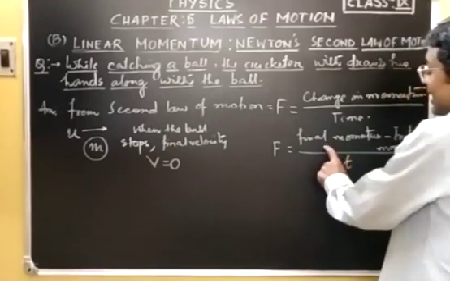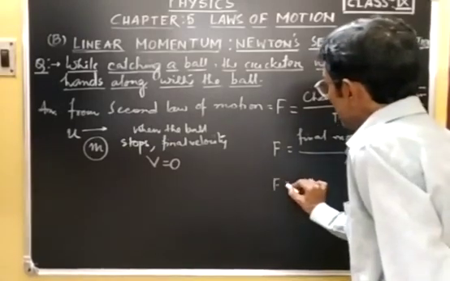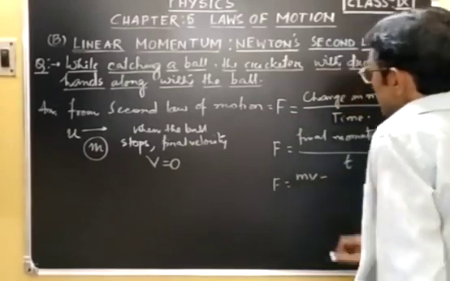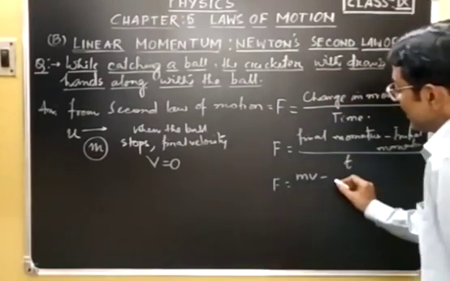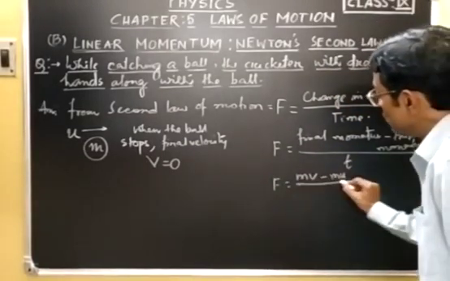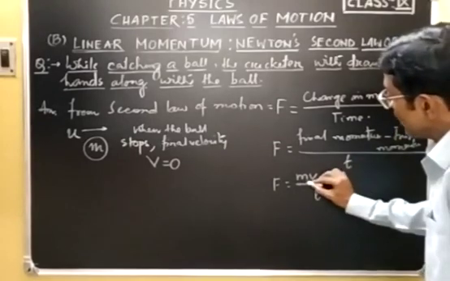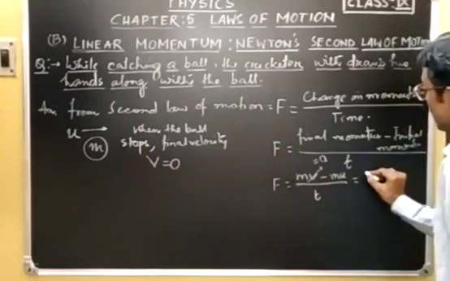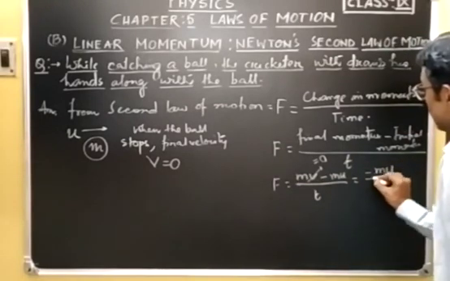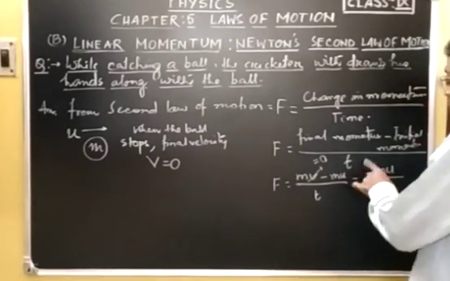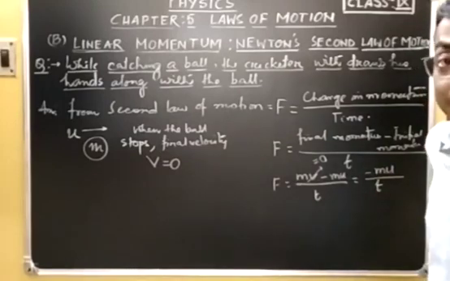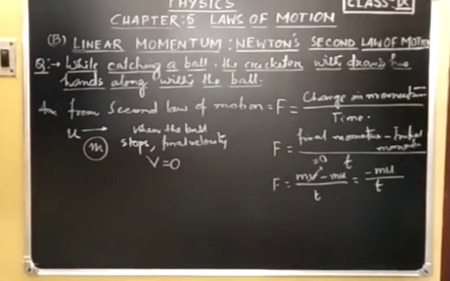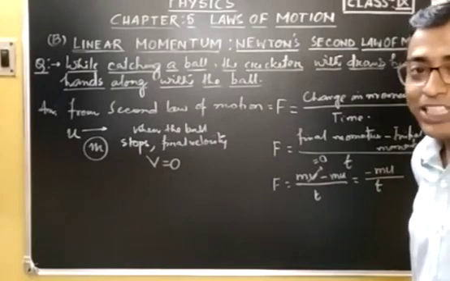So what is the final momentum? Force equals mv, that is the final momentum, where v is the final velocity, minus mu, divided by t. The velocity is 0, so this part becomes 0, and force equals minus mu by t. Remember, this minus sign has a special significance: the force is acting opposite to the direction of motion.